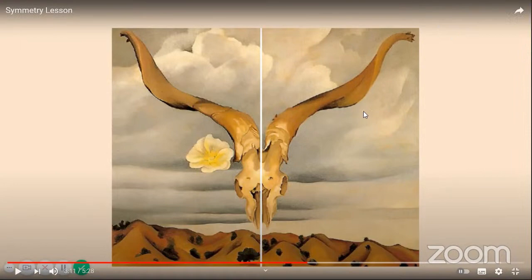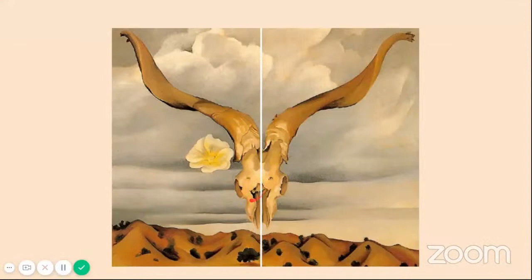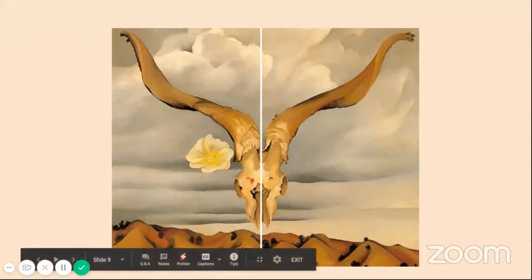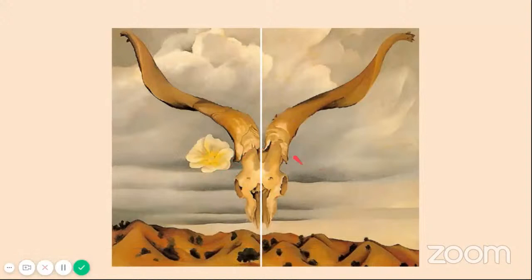Perfect. The horn is symmetric. However, the flower and the floor are not symmetric. This skull right in the middle has the line of symmetry. If we fold it in half, it would match up perfectly. But I noticed something on this side that's not on this side, right?